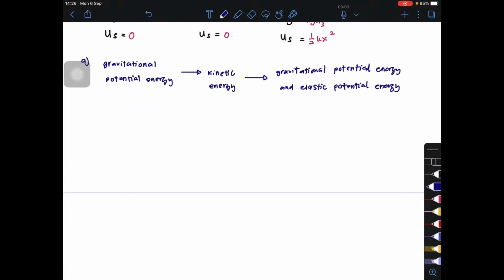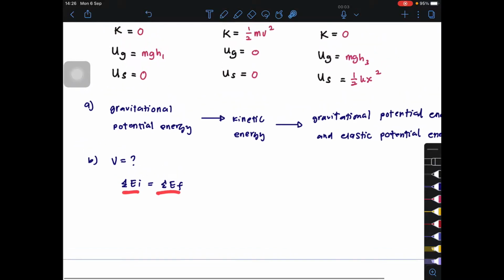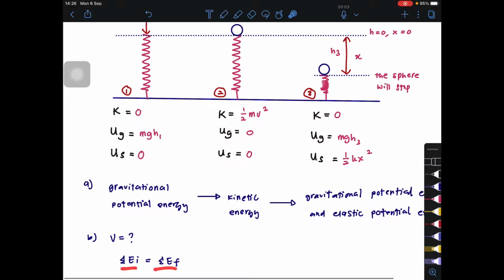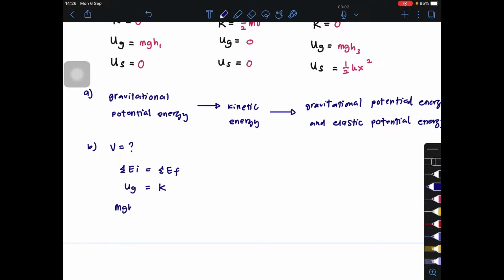So soalan B, we want to find the value for V. So keluarkan the principle of conservation of energy, di mana sum of initial energies is equal to sum of final energy. So initial kita dekat sini, kita akan pilih position 1, initial, which kita hanya ada this energy, dan final, this energy. So just masukkan UG is equal to K, which is kinetic energy, and then masukkan mgh1 equal to half mv square.